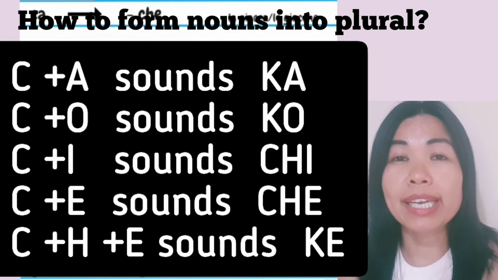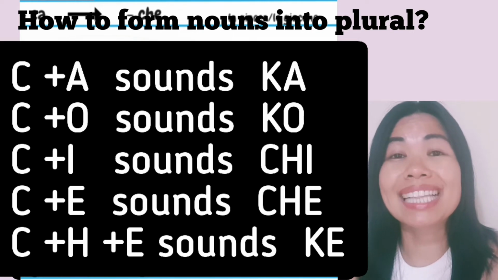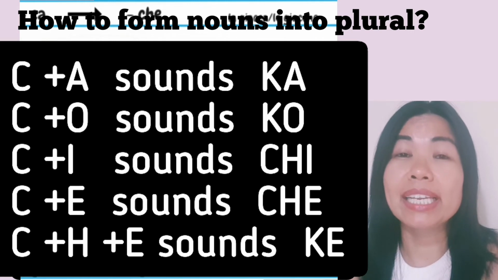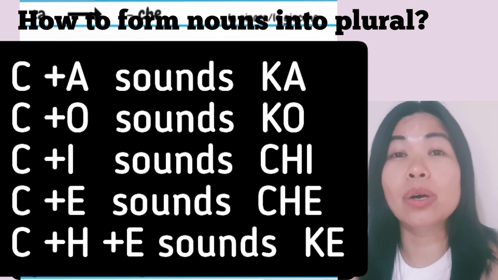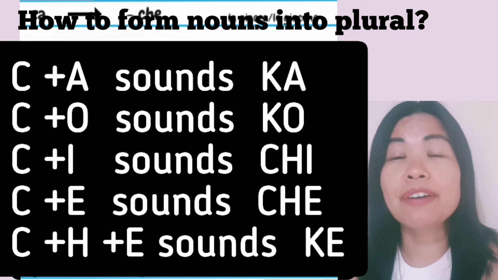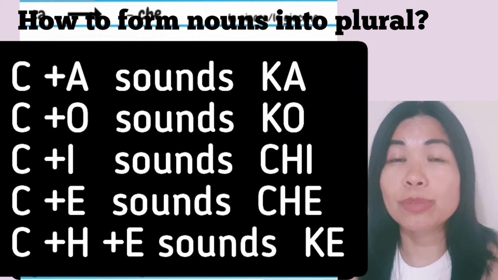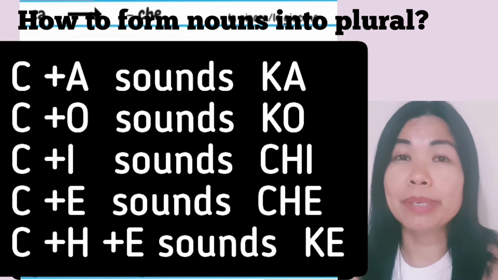Remember that if you find the letter C with the letter A in Italian, you have to pronounce it like ka in English. And if you find C with the letter O together, you have to pronounce it like ko. And if the letter C is followed by I or E, you have to pronounce it chi or che. And then if you add the H between the C and the E, it will become ke.